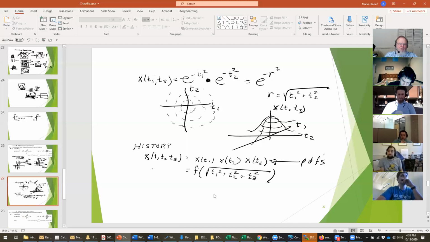And what he showed was that you're going to have e to the minus alpha times t1 squared plus t2 squared plus t3 squared, and then there's going to be a constant in front. So this is going to be the PDF.